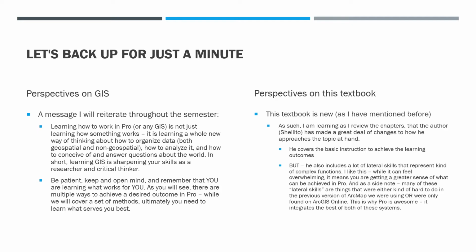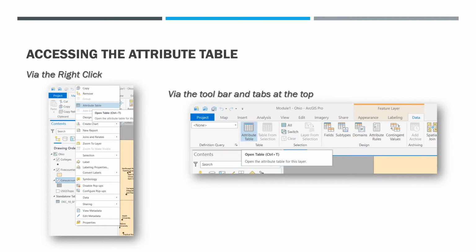So while you're learning the basics, he throws in something a little extra on top of it that wouldn't necessarily have been included before. Because of the way Pro works, because there is so much more capability, because of its in-between status of being a desktop software system and something that functions in the cloud, there's just a lot more you can do with it. When you go through this chapter, and I'll highlight this at the very end of the slideshow, there are a couple of lateral skills, as I like to call them, that he brings up that are new to learning GIS, but are also very important.